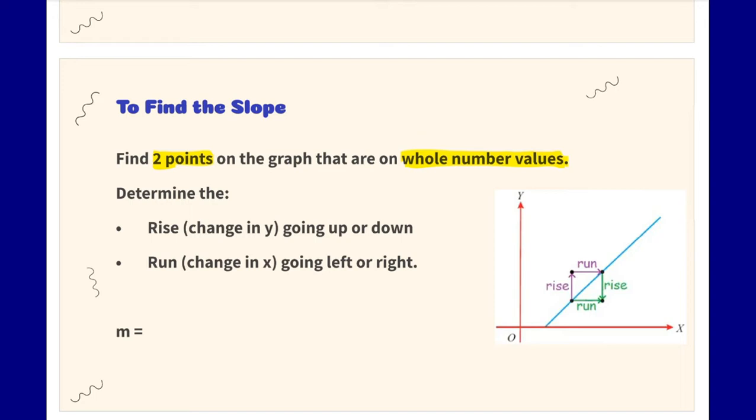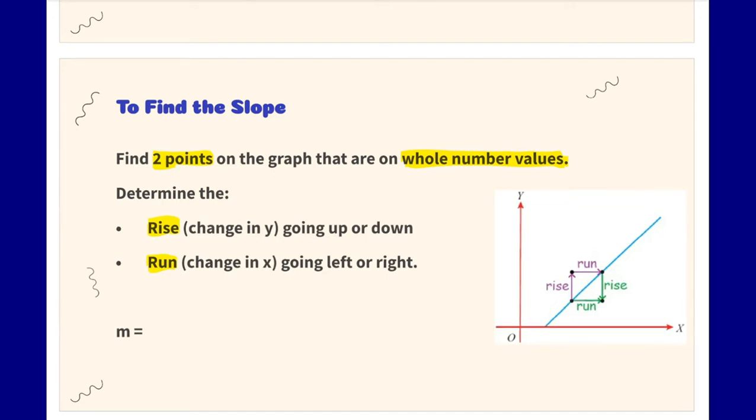From there, we're going to determine the rise or the change in y, basically how far up or down we have to go from one point to the next. And we're also going to determine the run, or the change in x, or how far left or right we have to go from one point to another.